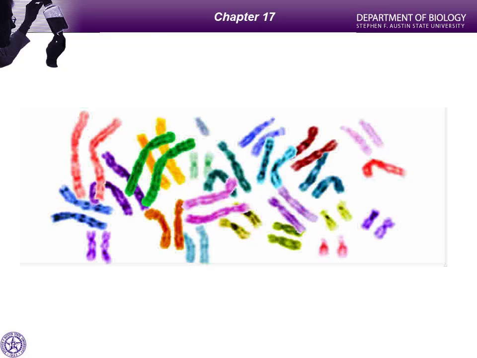Sometimes when you look at science and pictures of scientific stuff, there's a beauty to it. And I really like how they have taken a picture of maybe not every human chromosome. I don't think we have 23 pairs there. But when you look at what your chromosomes may look like if they were colorized as the cells are undergoing division, we can see this pair of sister chromatids, right?